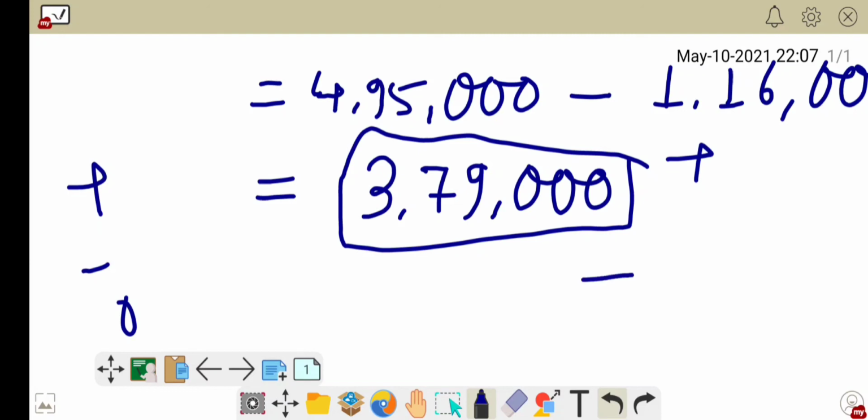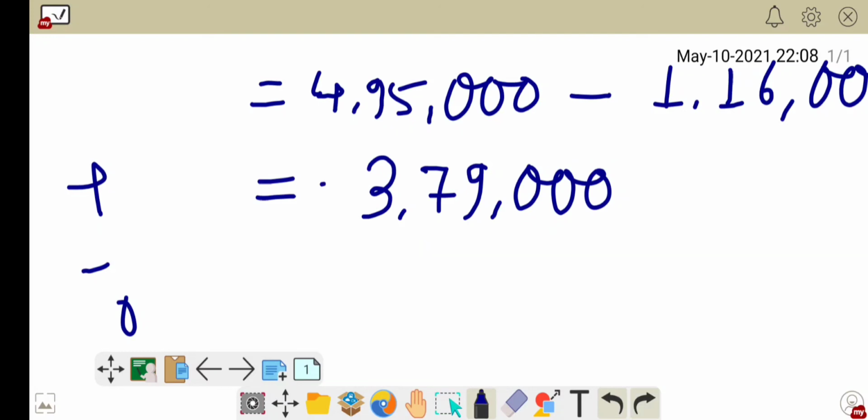If the answer is negative, there will be a negative sign, and if the answer becomes zero, it means the financial performance of our business entity is constant. Now you can see the EVA value is 3,79,000, so it is a positive figure.